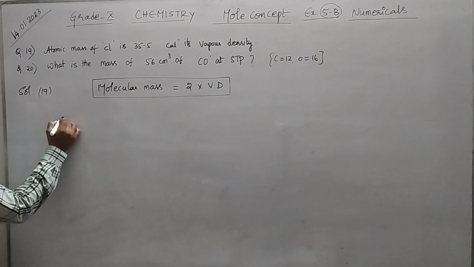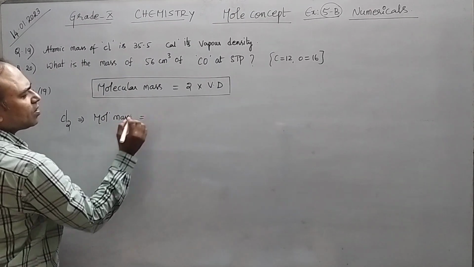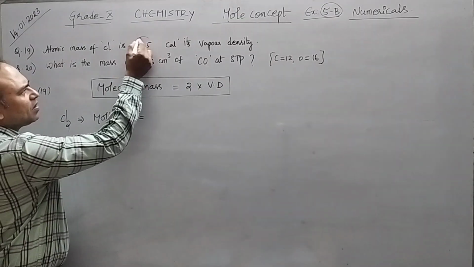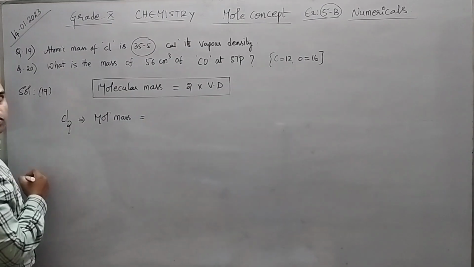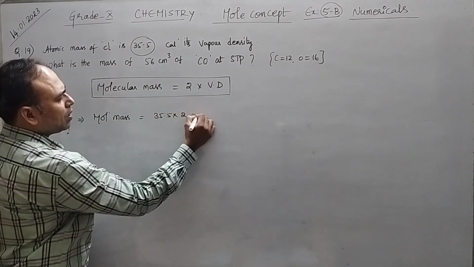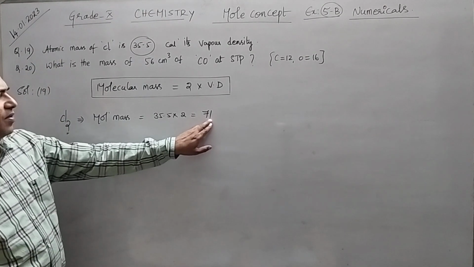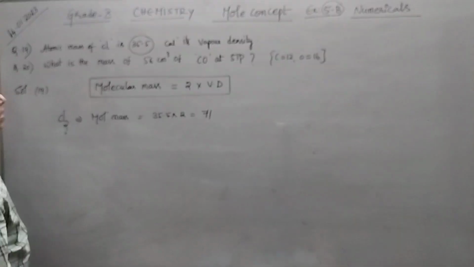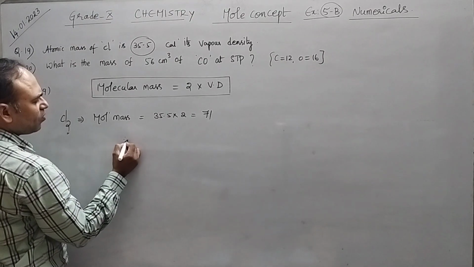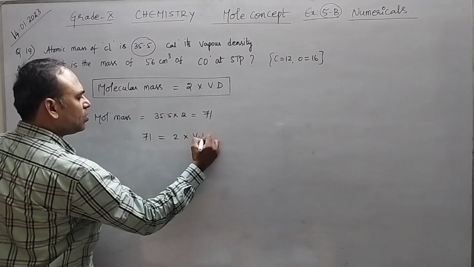So if you take chlorine Cl2, its molecular mass is equal to nothing but atomic mass is 35.5, but here you are having 2 atoms, so therefore 35.5 into 2, nothing but 71. So 71 atomic mass unit or 71 unified mass. Substitute this here, therefore molecular mass 71 is equal to 2 into vapor density.